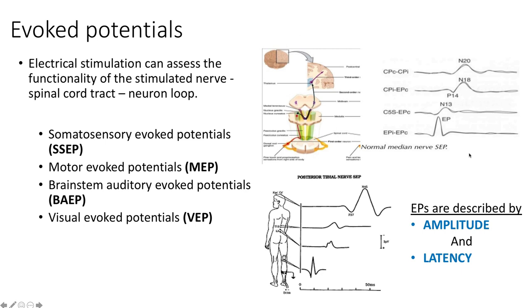Same thing for your SCP, looking at amplitude and latency. This is how I enter the spinal cord. You go through these different tracts. You're going through the medulla, and then here that is on your cortex. So on that time from start to finish, and the size, the amplitude, that's what latency and amplitude stands for.